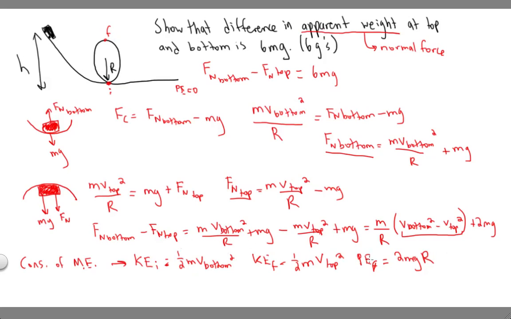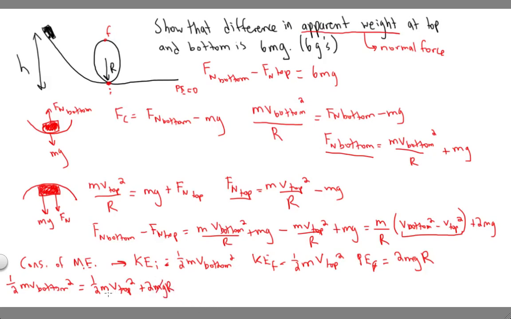What we do is we set an equation for conservation of mechanical energy. We say that the kinetic energy initial is equal to kinetic energy final plus potential energy final. 1/2 m v bottom squared equals 1/2 m v top squared plus 2mgr.